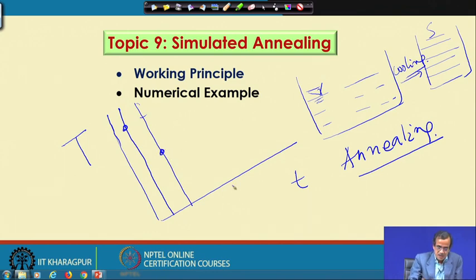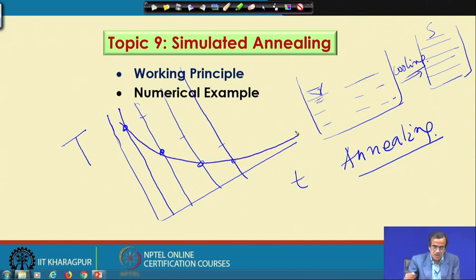In the next iteration the temperature will be reduced to 50%, next iteration the temperature will be further reduced to 50%, and so on. And if I fit one curve, this shows the variation of temperature.